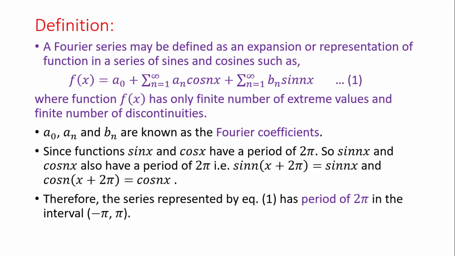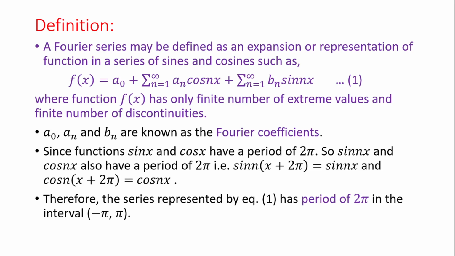But as a definition, we have to remember equation 1, that f(x) equal to a0 plus summation from n equal to 1 to infinity an cos nx, that means infinite number of cosine terms, plus summation n equal to 1 to infinity bn sin nx, that is infinite number of sine terms. So a series comprising an infinite number of cosine terms and sine terms, along with the constant a0.